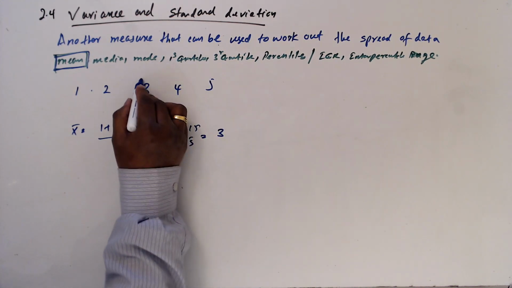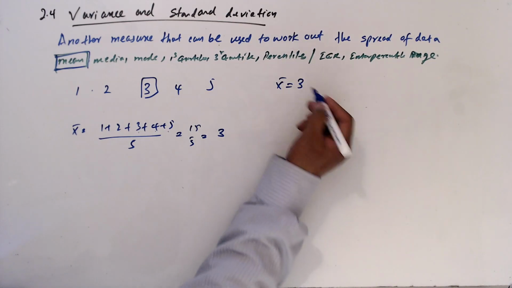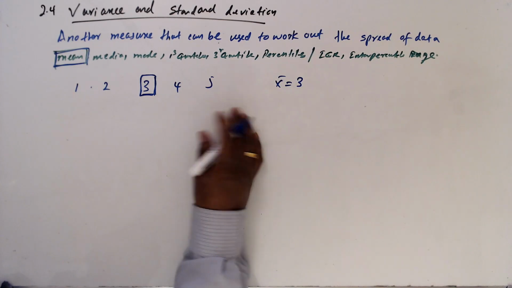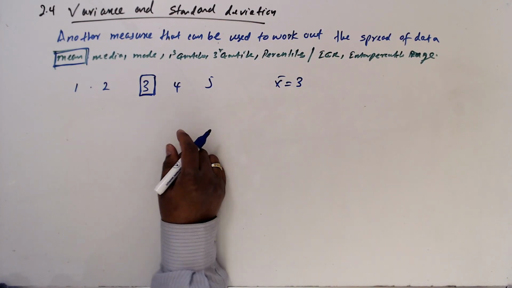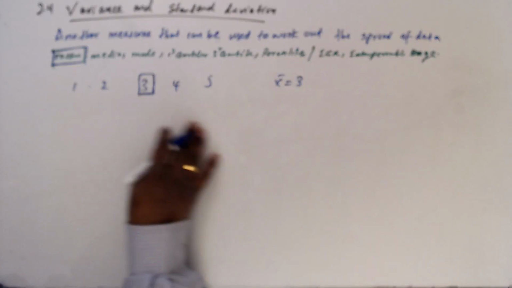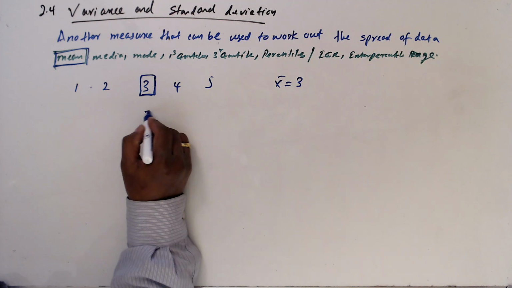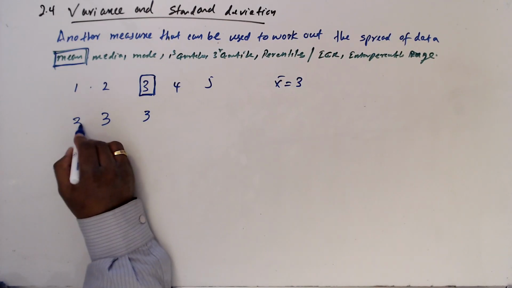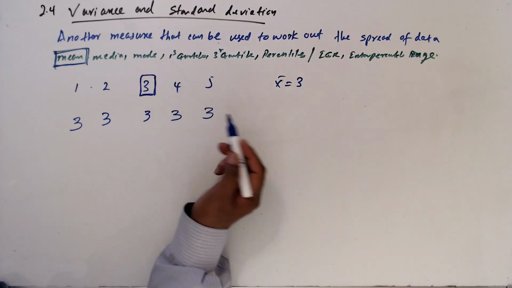Now we found x bar is 3, so it is the key person in this group. The meaning of that is we are going to represent all these 5 numbers as 3. This is also 3, 2 also as 3, and this one also as 3, and this is also 3, and this is also 3.